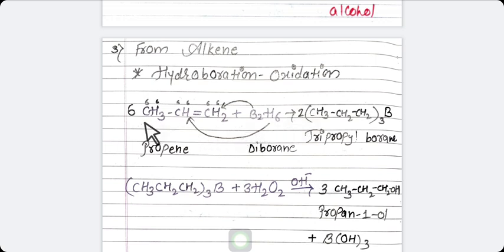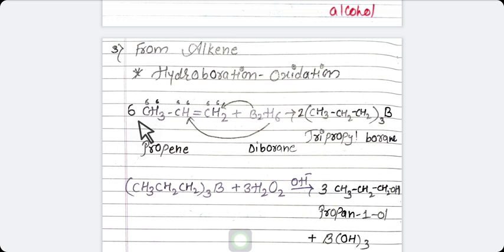See here in the example, diborane means B2H6. From the diborane, the boron atom is attached with the carbon atom which is the less substituted carbon atom. Now see here, we are taking propene. As all of you know, propene is an unsymmetrical alkene.